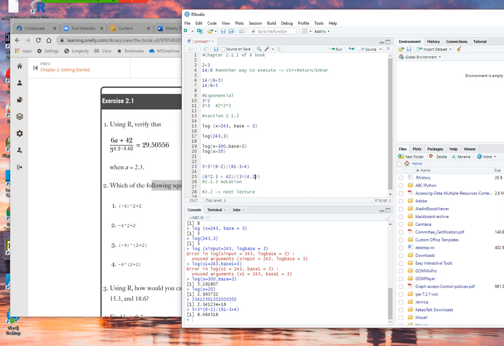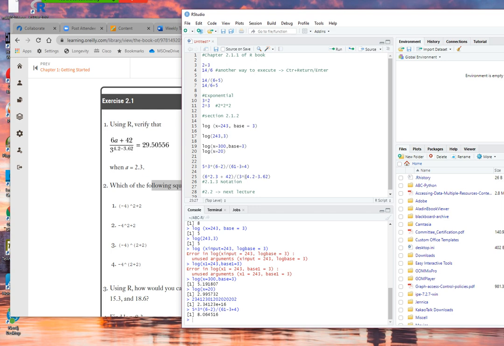What I mean is 4.2 minus 3.62, and then close the parenthesis.